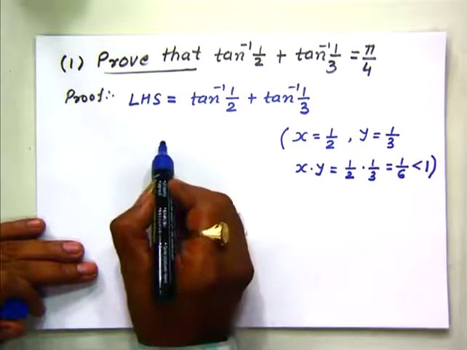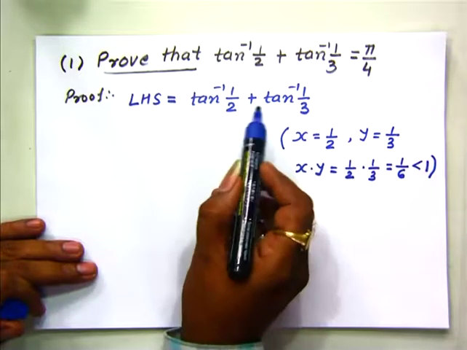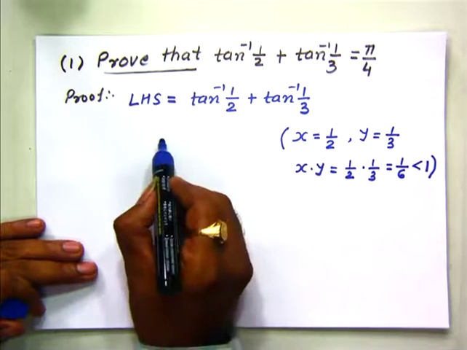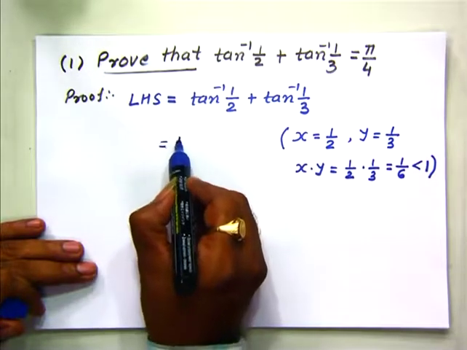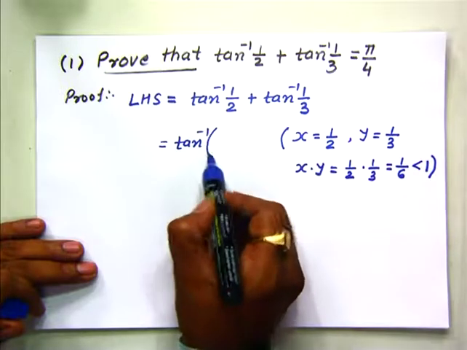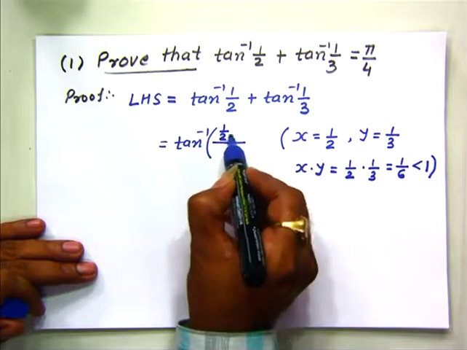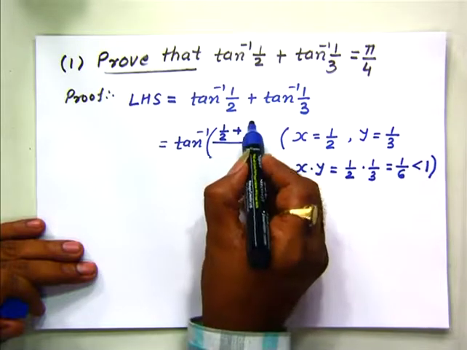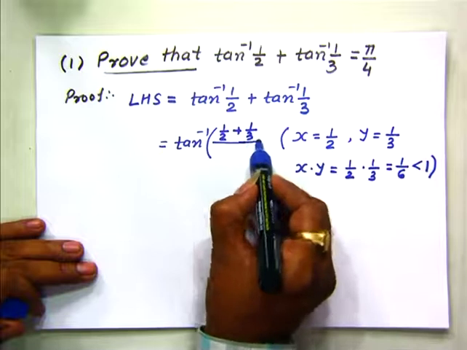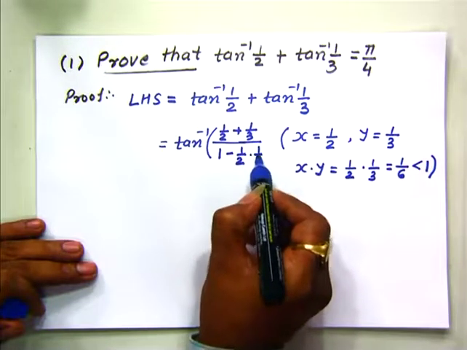So we have to use the first formula, tan inverse x plus tan inverse y equal to tan inverse x plus y upon 1 minus x into y.